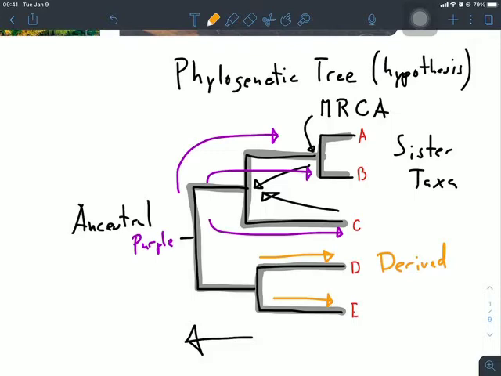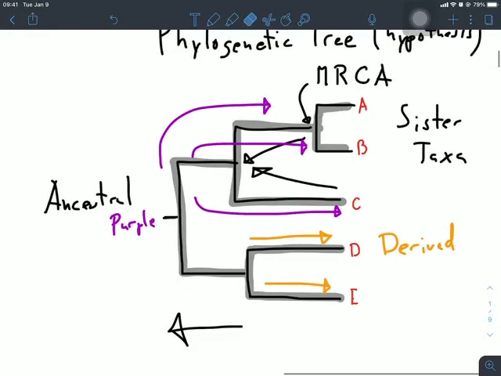To illustrate the principle of parsimony, we can see how many tick marks or how much evolutionary currency we need to expend in order to have the flower color of D and E shift to orange.